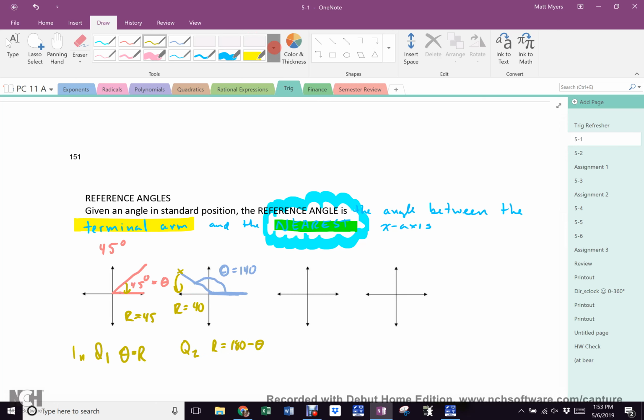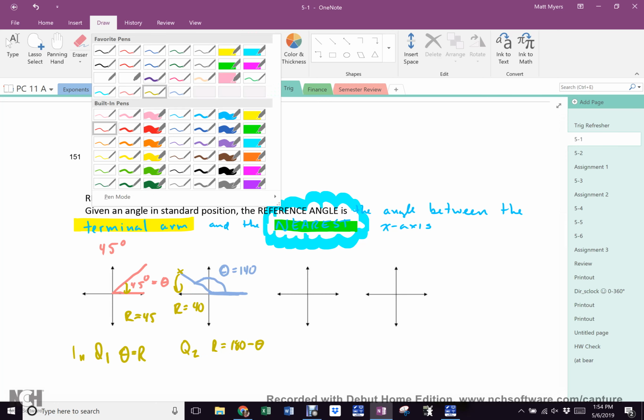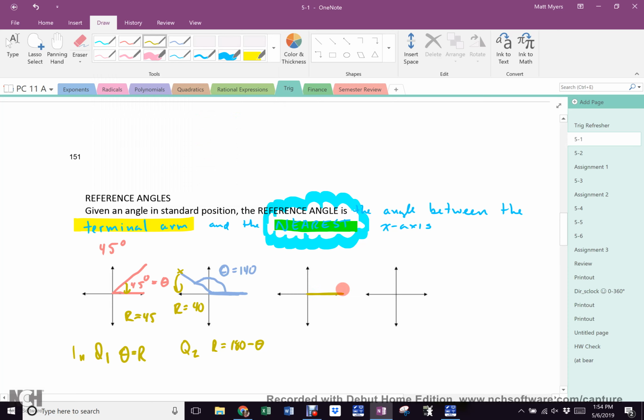Excellent. Now, let us give me a number between 180 and 270. What is it? 187. Tell me when to stop. Oops, that's my reference angle color. Tell me when to stop. That's not what I want. It'll do. No, it won't. Tell me when to stop for 187.